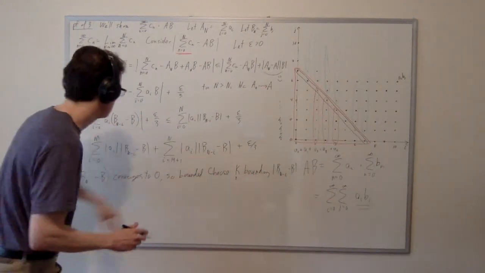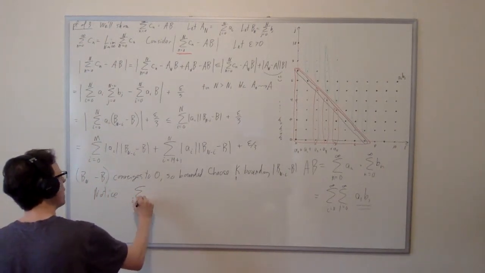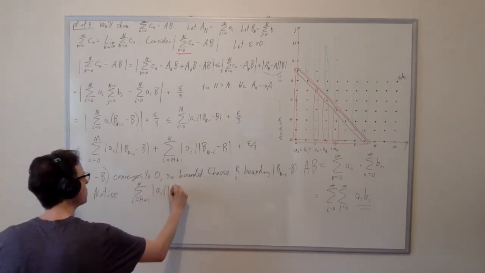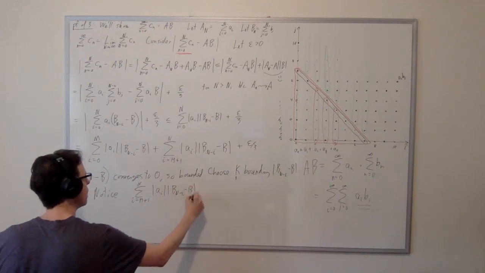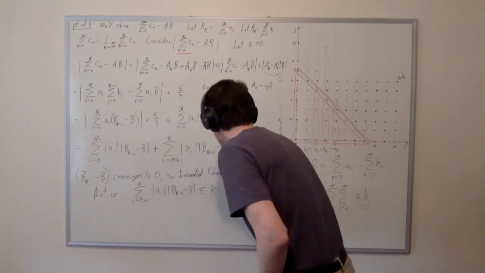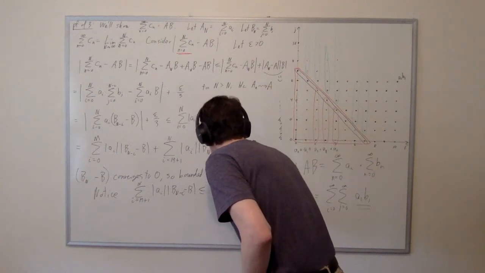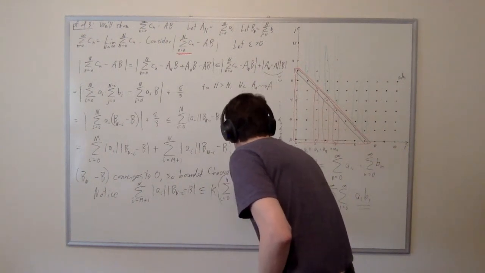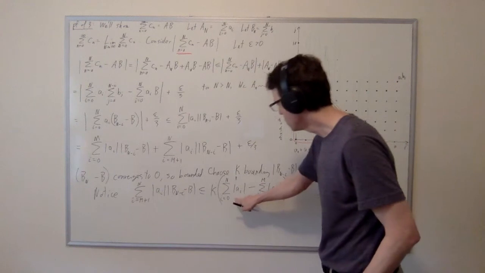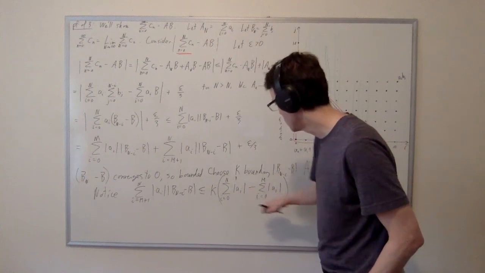So once this is bounded by K, notice that the summation I equals m plus 1 to n of the absolute value of AI times B sub n minus I minus B is going to be less than or equal to K times the summation I equals 0 to n of absolute AI minus summation I equals 0 to m of absolute AI, the difference between two partial sums which approximate the summation of the modulus of the AI.